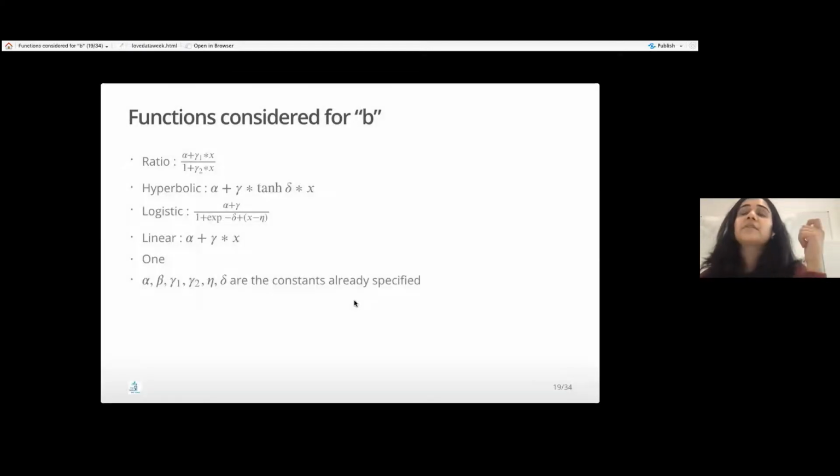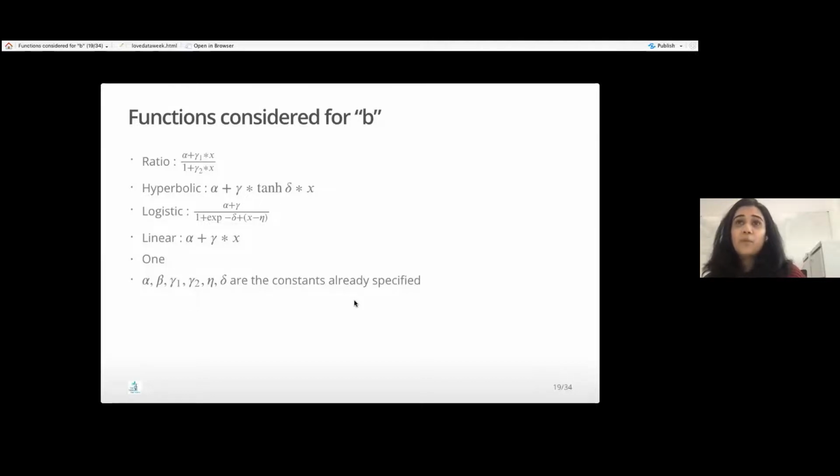So these are the functions we considered for b: a ratio function, alpha plus gamma 1 into x over 1 plus gamma 2 into x; a hyperbolic tangent function, alpha plus gamma into tanh of delta into x; a logistic function; the linear function; and 1 for when there is no effect of the boundary distance.